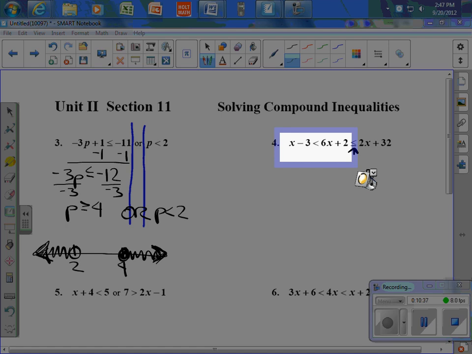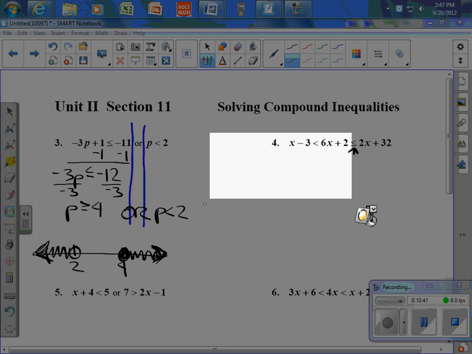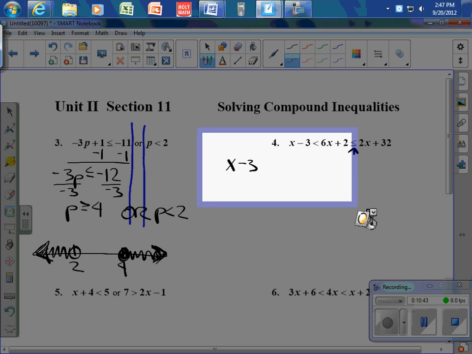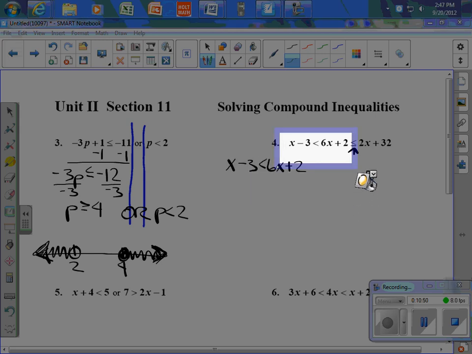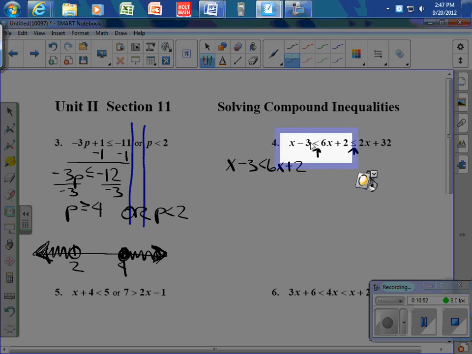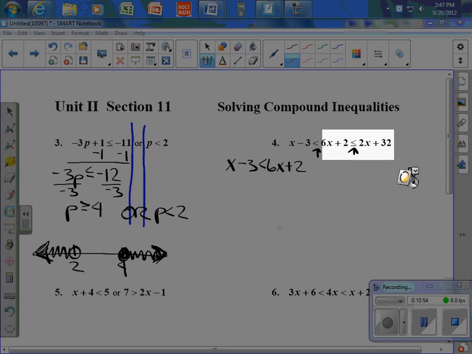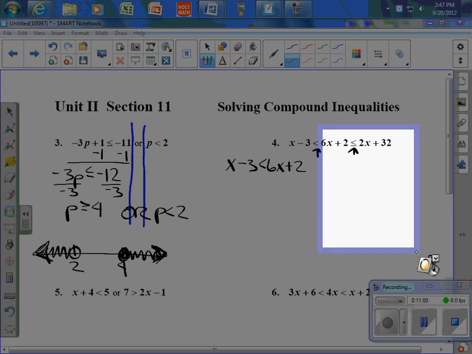X minus 3 is less than 6x plus 2. So let's write that one down. But also notice that this inequality here gives us this inequality here. 6x plus 2 is less than or equal to 2x plus 32. Let's write that down.